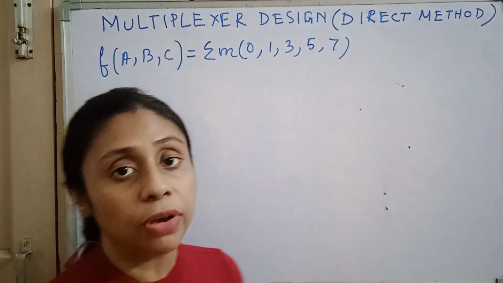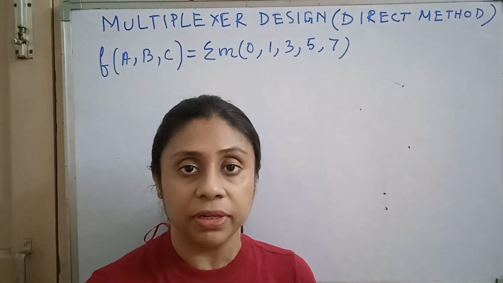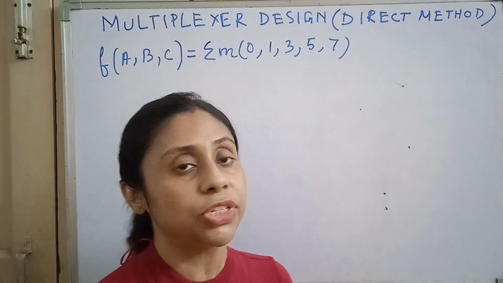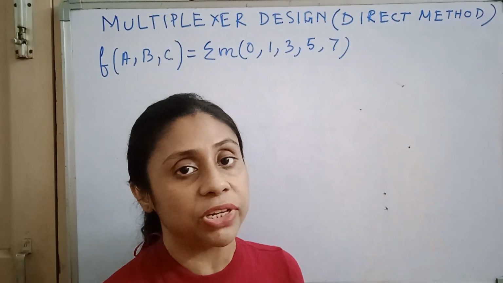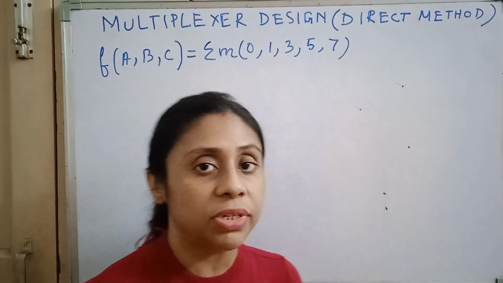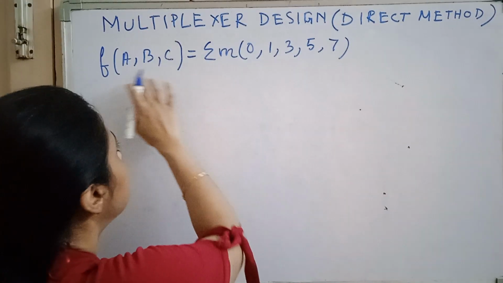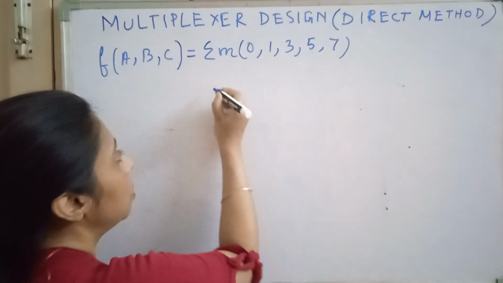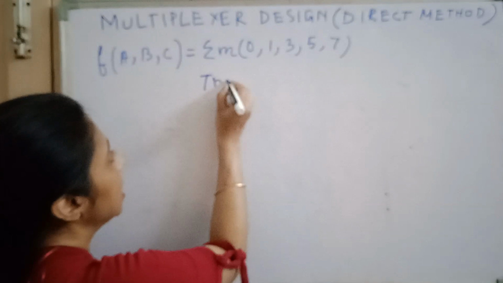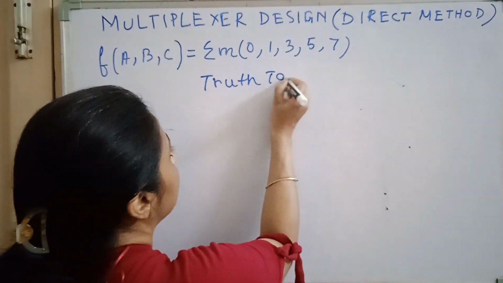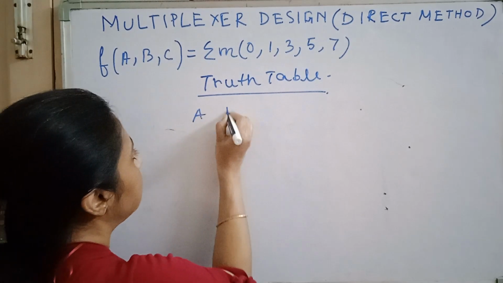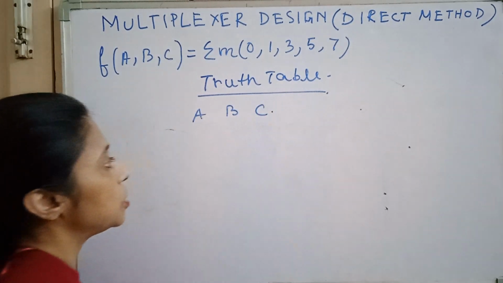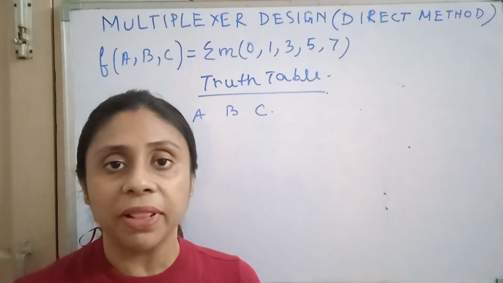So first of all we need to have the truth table. To design a multiplexer, first of all we need to have the truth table by using the Boolean expression. So how to design the truth table? There are three inputs A, B and C. So how many input combinations will be there?